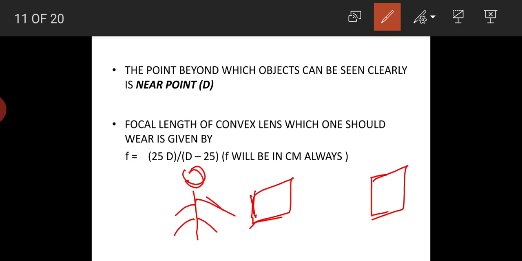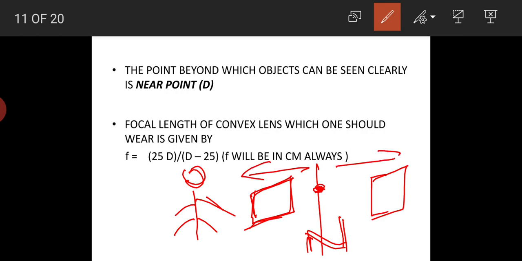For this visibility range, there is one limit called the near point. Near point is a point till where the person cannot see the objects clearly, whereas after which the person can see the objects clearly.